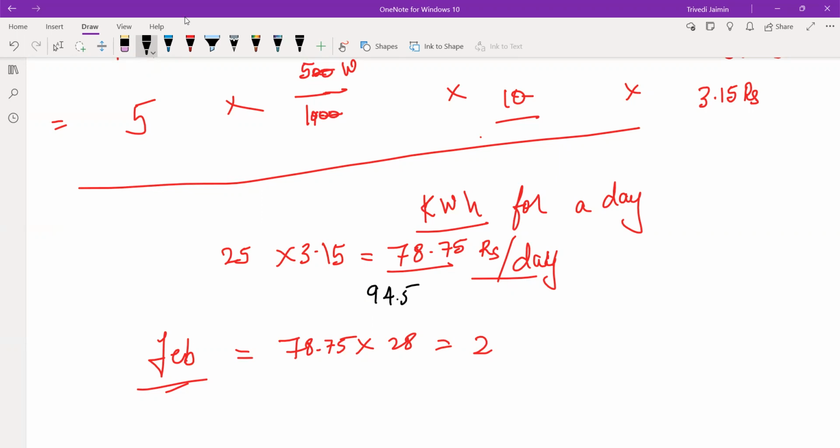So if I multiply this one, 78.75 into 28, how much I'll get?